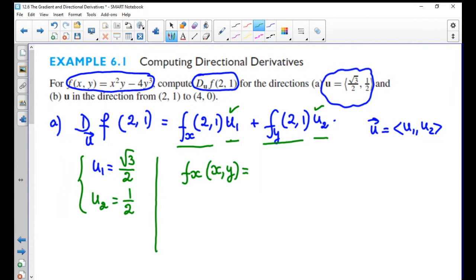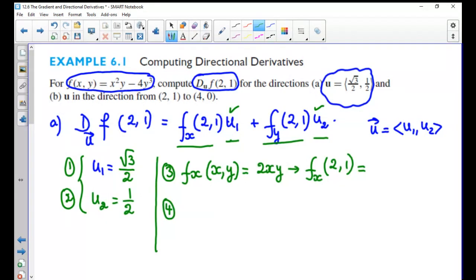It's going to be 2xy, which means that fx at (2, 1), so I'm really looking for four things, 1, 2, 3, and 4. At (2, 1), it's going to be 2 times 2 times 1, so 4.